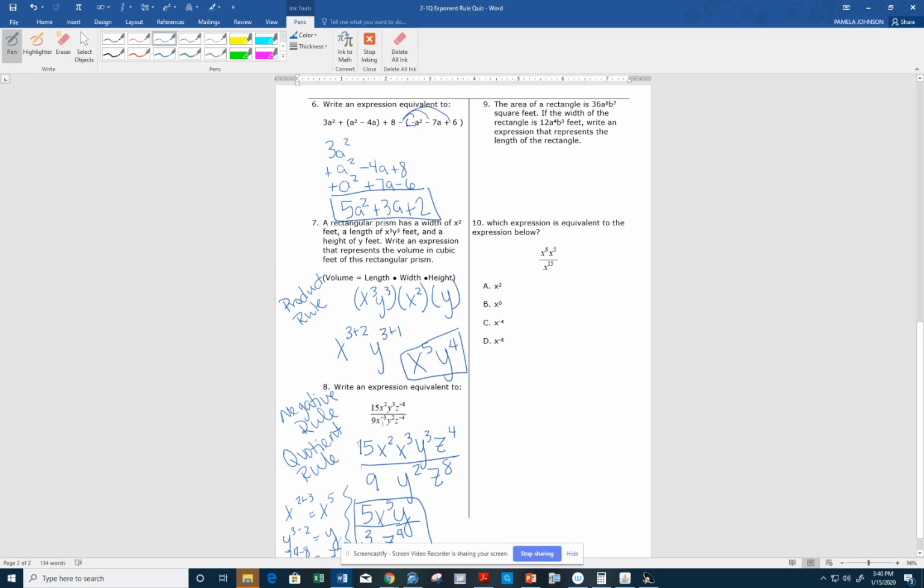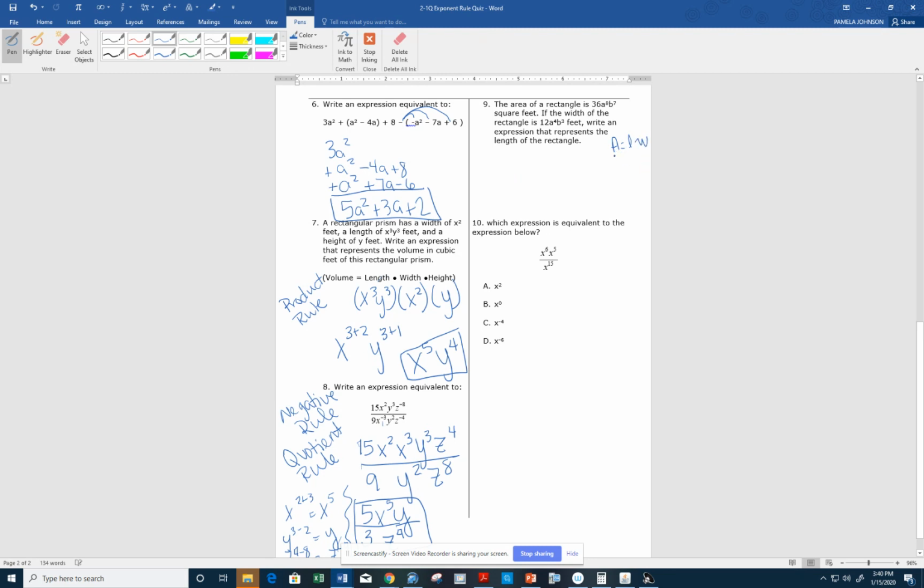On number 9, the area of a rectangle is 36a to the 8th b to the 7th square feet. If the width of the rectangle is 12a to the 4th b to the 3rd feet, write an expression that represents the length of the rectangle. If you remember, area equals length times width.